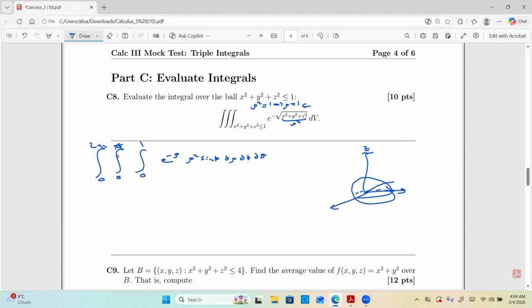As for phi, it's the angle with the z-axis, so it's going from 0 all the way to pi. And for theta, it's the angle with the x-axis, and of course with circular level curves, we're going to go from 0 to 2 pi in this case.